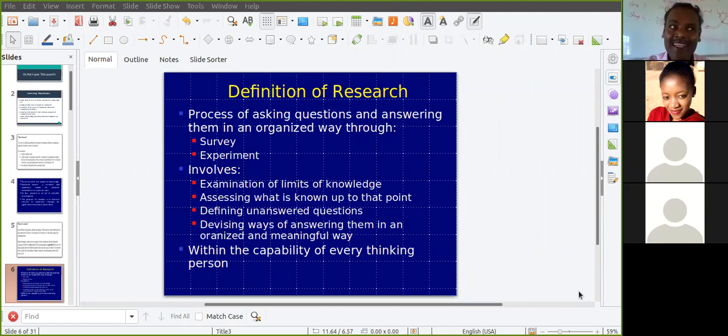For me, that's an unanswered question. If I want to understand exactly the motivating factor behind eating sima, if I want to find out that answer, then that is going to be my research problem.